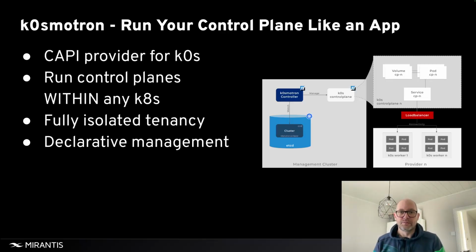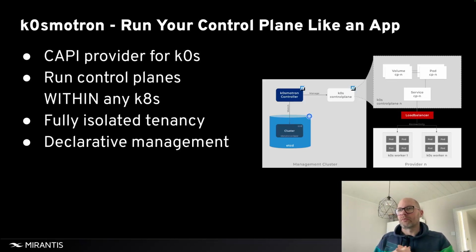So you can use cluster API with all the gazillion different objects that it has, unfortunately. And then you can actually declaratively define your k0s clusters utilizing the CAPI contracts and manage everything in a declarative way.